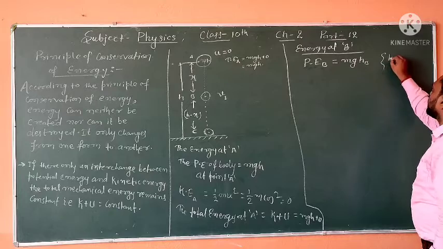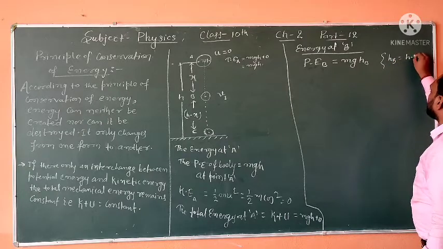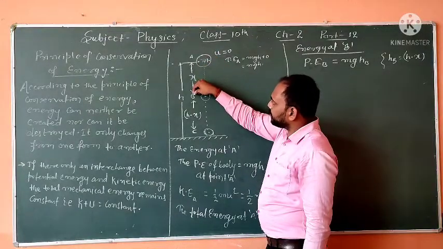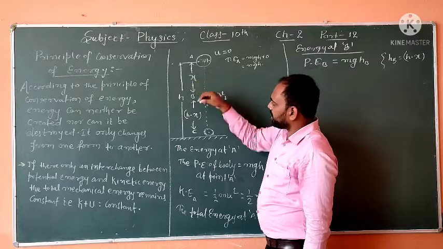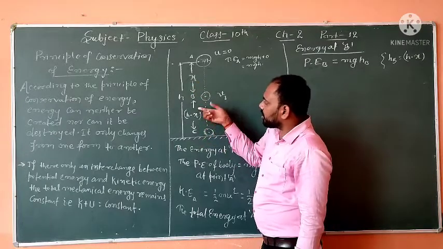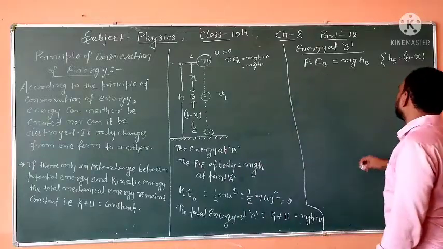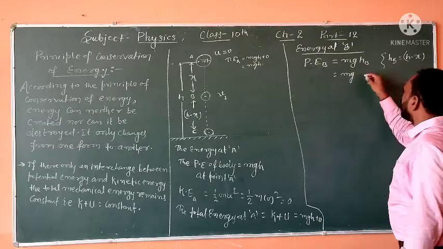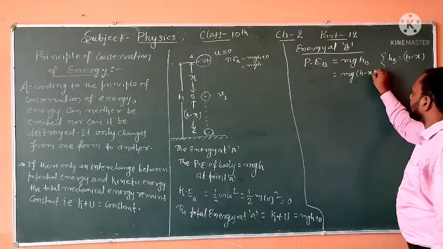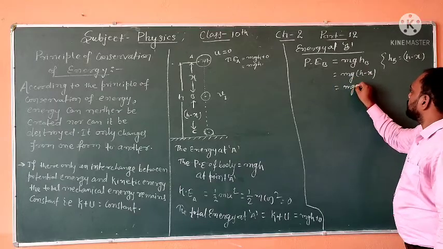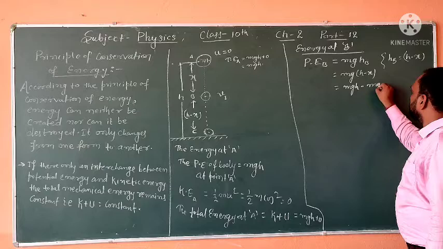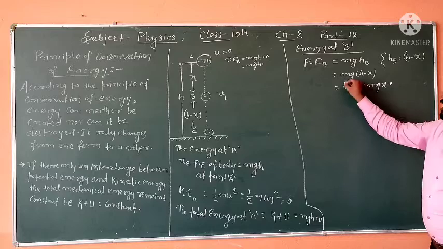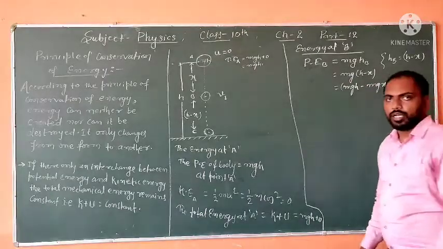Yes, hb is equal to h minus x. As it has moved x from the top to reach point B, the remaining distance from the ground will be h minus x. So mg hb, I am putting the value, h minus x. So mgh minus mgx. This is the potential energy of the body at point B.